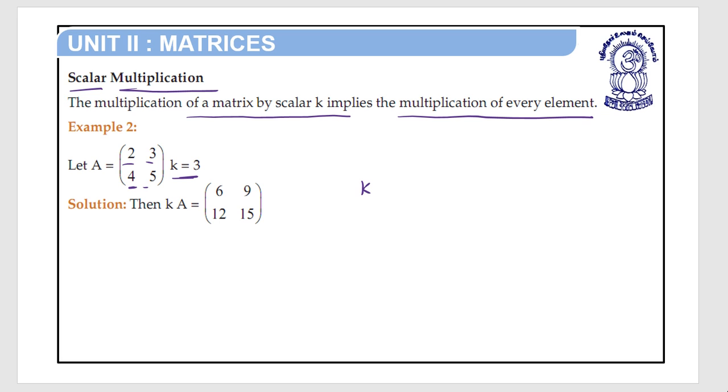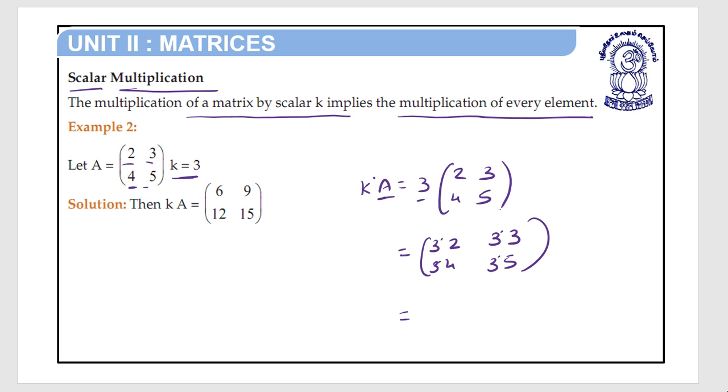So k into A is 3 times 2, 3 times 3, 3 times 4, and 3 times 5. K is multiplied with all the elements of A. 3 2s are 6, 3 3s are 9, 3 4s are 12, 3 5s are 15.